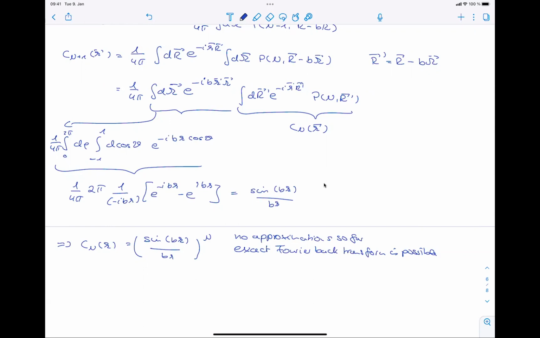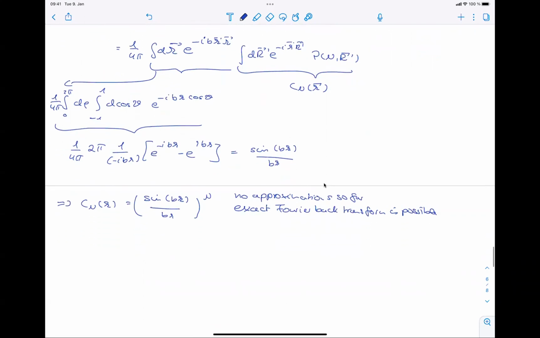And so we'll make the same approximation here now, also in the limit of n to infinity and b being small, to perform easily the Fourier back transform. But again, to highlight, it would be possible to have the exact result and have the exact end-to-end distance using this approach.